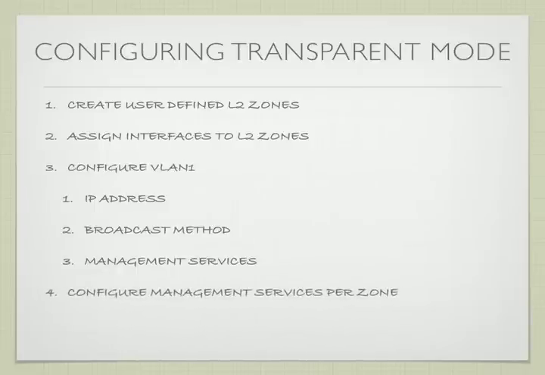And then we're going to configure the management services on the zone so that we can reach the VLAN 1 interface. And finally, you design and create your policies between the layer 2 zones. So this is the process that's necessary to configure and deploy transparent mode on ScreenOS.